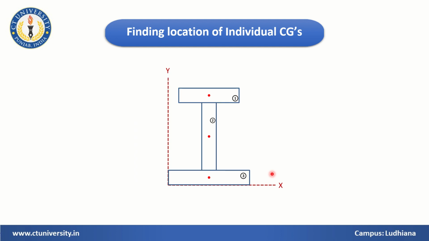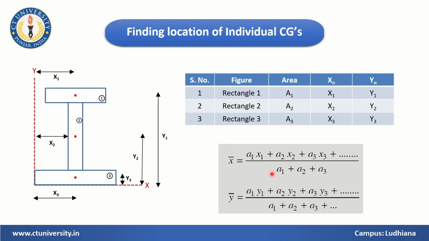So for the I shape, we have three rectangles. Find x1, x2 and x3 from the single reference, right? Similarly find y1, y2 and y3, that is your individual location of CGs, okay.